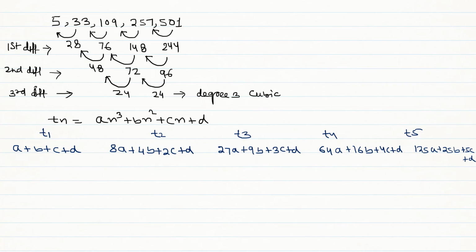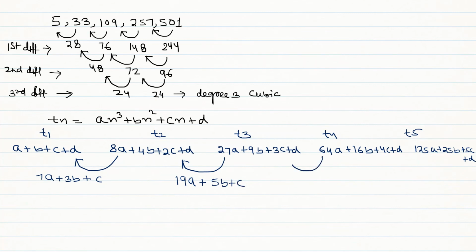Now let's find the difference, 8a minus a. So this is going to be 7a plus 3b plus c. And if I find the difference over here, this should be 19a plus 5b plus c.